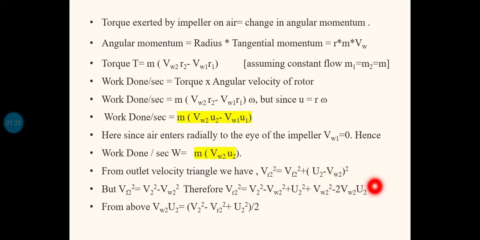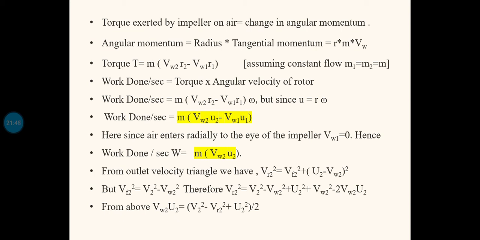So in this term you have a Vw2 u2 term. This can be taken to the left side, and Vr2 square can be taken to the right side. So what happens? Vw2 u2 equal to V2 square minus Vr2 square plus u2 square, all divided by 2. You simplify it on paper, then you will get this equation.